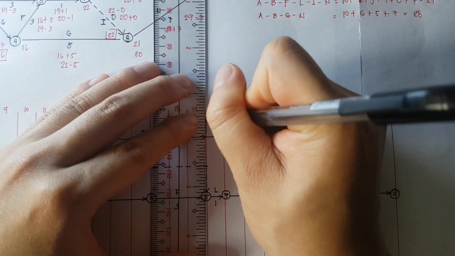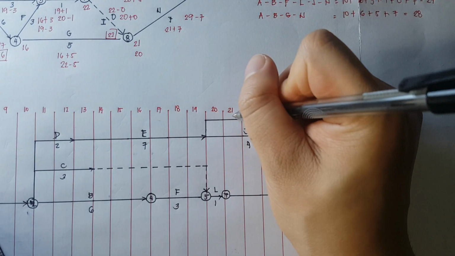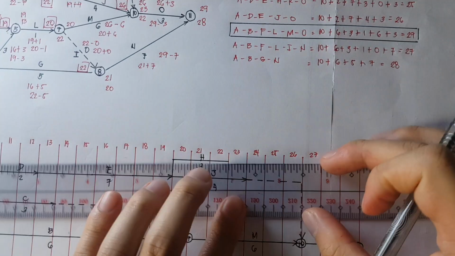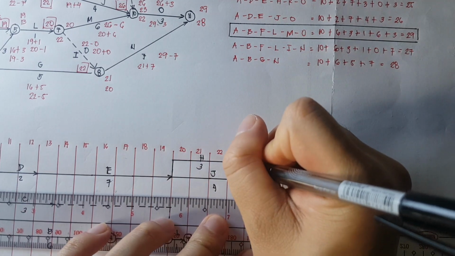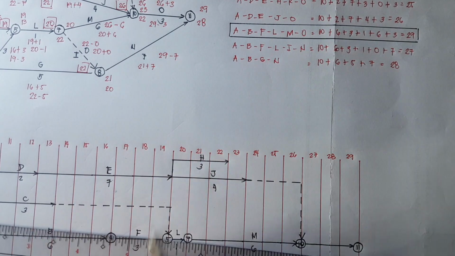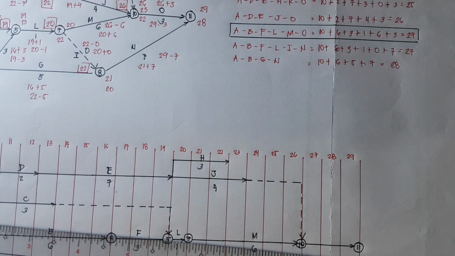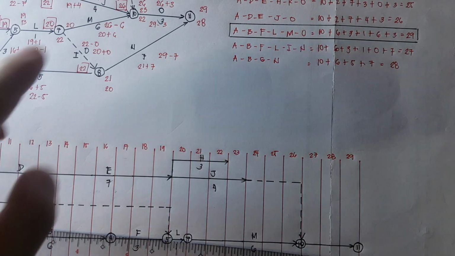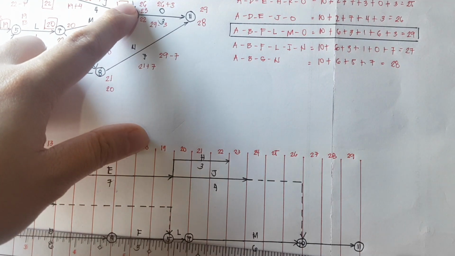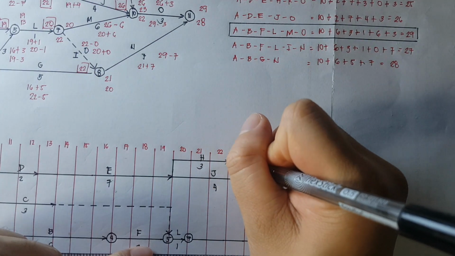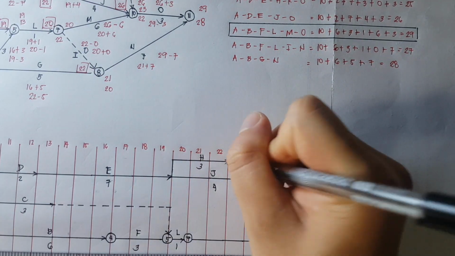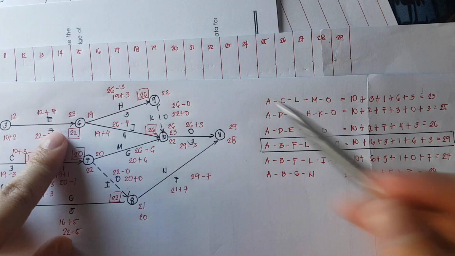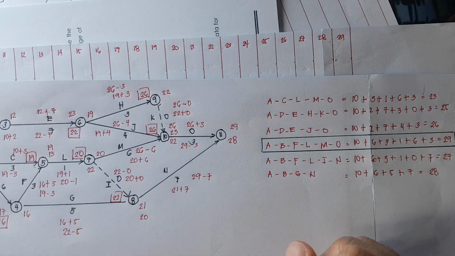And this is activity H. And it is 3 days. It has a dummy activity, and that is K. Therefore, we're going to add another node here. And that node is node number 9. So, this is node number 9.